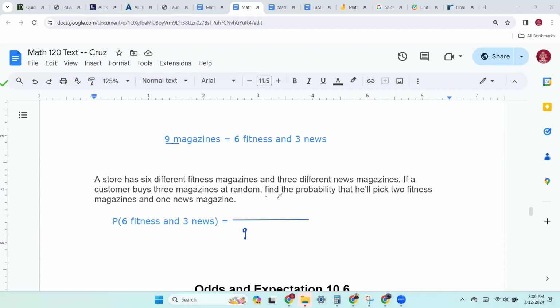And we're not worried about order here. We're just worried about whether he's got the magazines or not. So it's C. And how many are we picking? He's picking 3, right? You're going to use the 2 next. So keep that.